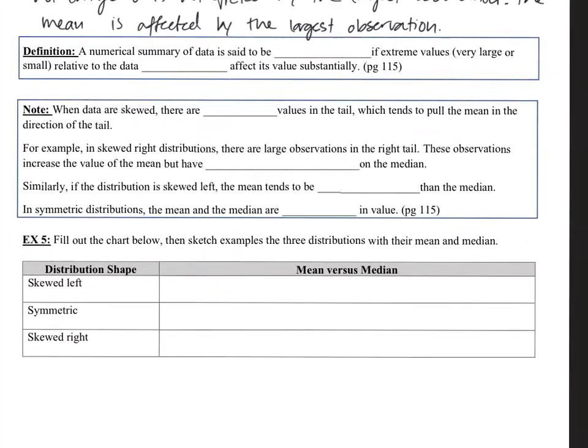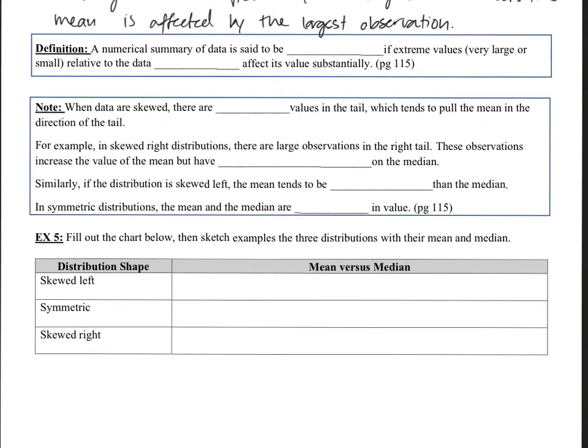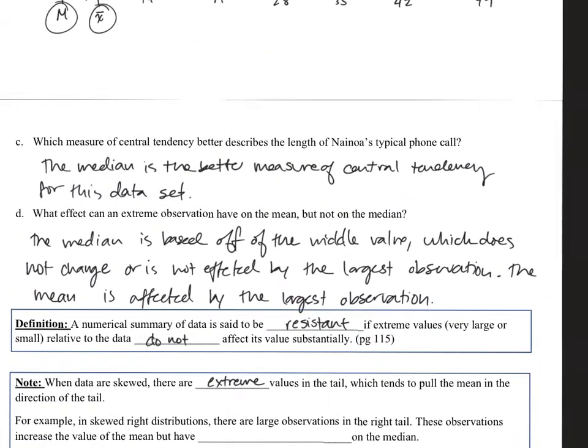All right, let's take a look at the next definition. A numerical summary of data is said to be resistant if extreme values, very large or small, relative to the data, do not affect its value substantially. So note, when data are skewed, there are extreme values in the tail, like we saw up here.